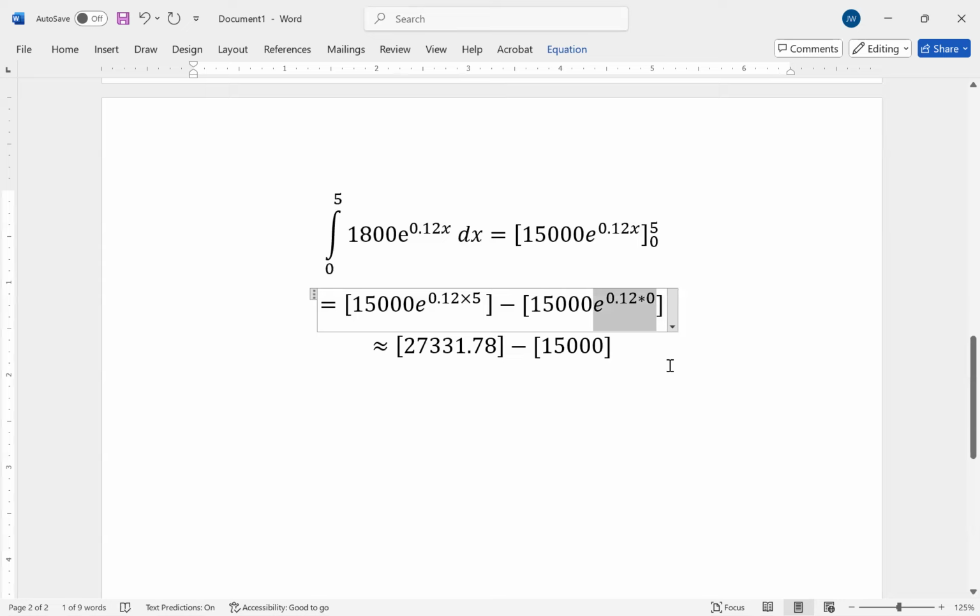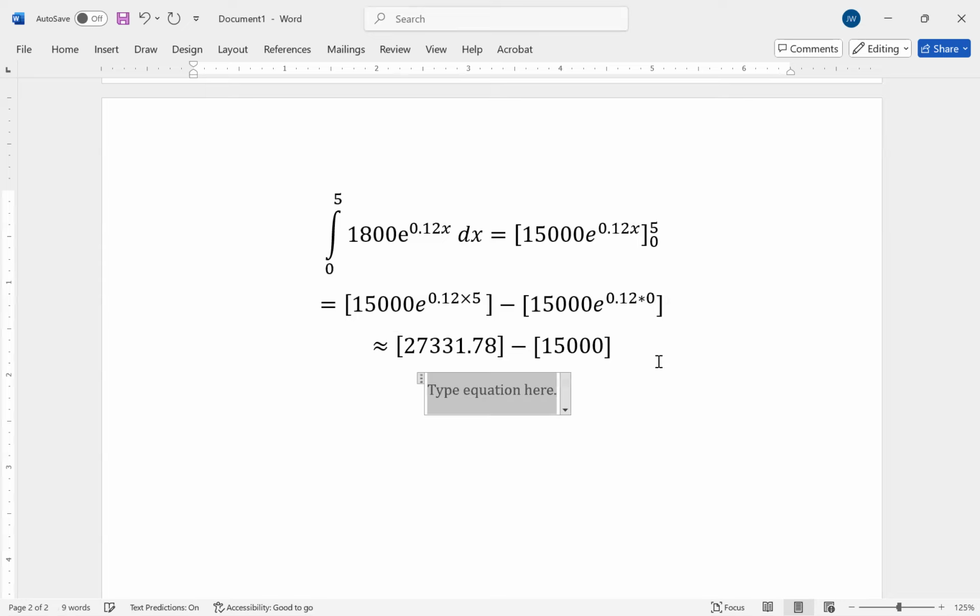When I do the subtraction, that's 12,331.78. Now, this is rounded to 2 decimal places. In our class, I usually ask that people round their answer to 2 decimal places, if need be.